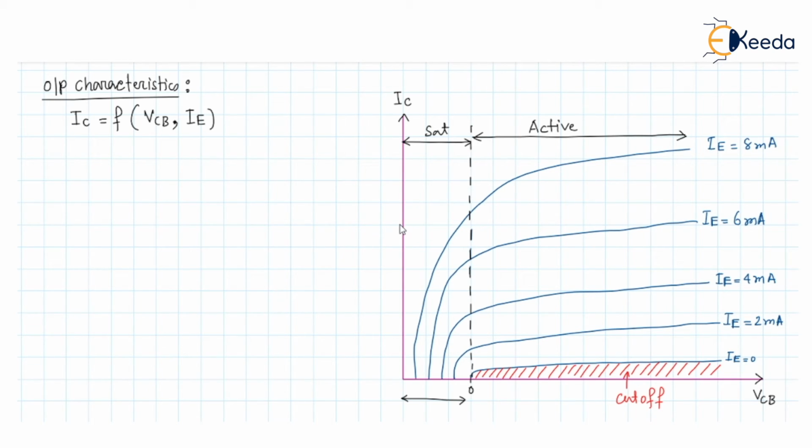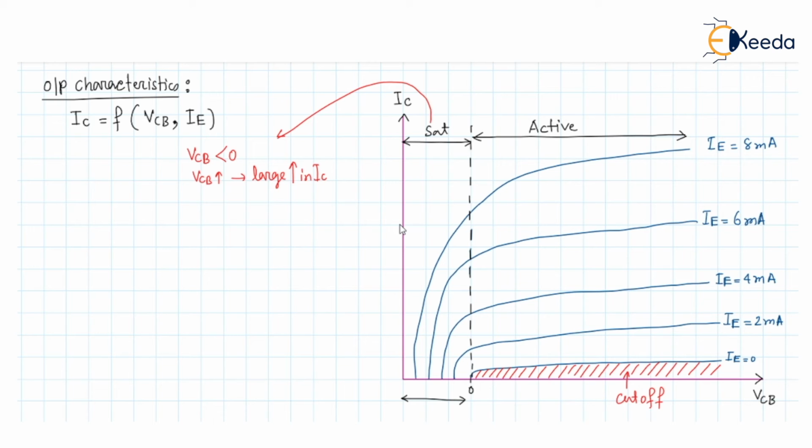This means that for saturation the collector to base potential is less than 0, due to the forward bias in the NPN transistor, and a slight increase in the VCB will result in a large increase in IC, and the IC is increasing exponentially with the VCB.